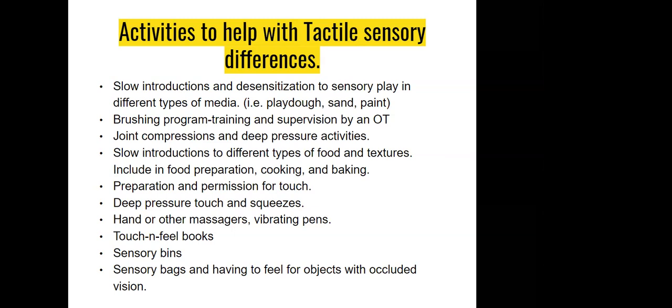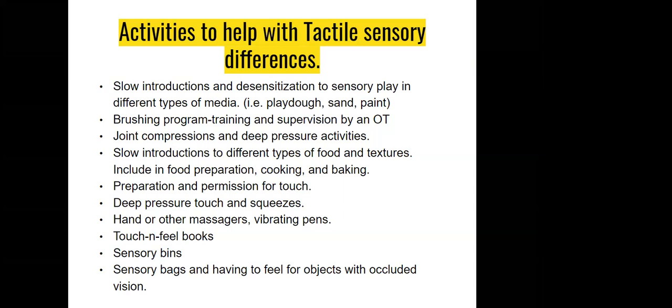So it's a great program, but you just need to make sure that you have somebody that's been trained on it to oversee the program. Joint compressions, of course, and deep pressure activities are good for tactile sensory.